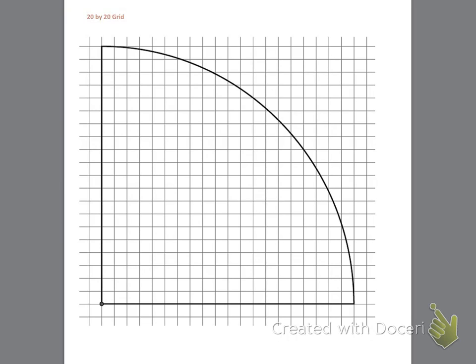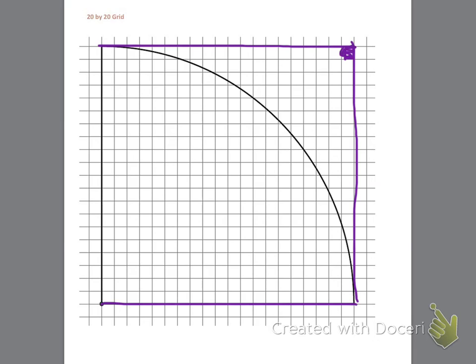Now, with a 20 by 20 grid, we're still saying that the radius of this circle is 1. So let's trace out the square here. This is 20 squares by 20 squares, but each of those is 1/20th. So how many little squares are there altogether?